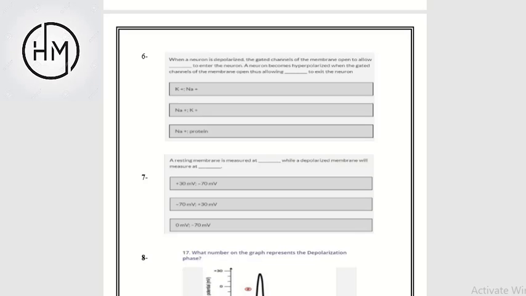A neuron becomes hyperpolarized when the gate channels of the membrane open, thus allowing what to exit the neuron? Potassium, sodium, sodium, potassium, potassium, protein. Right. Sodium, potassium.